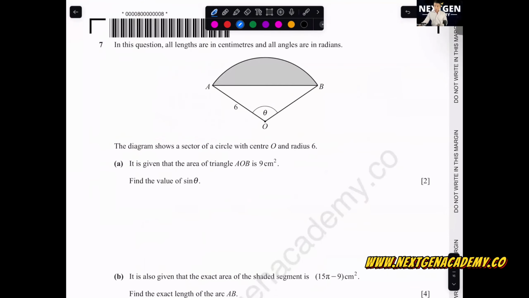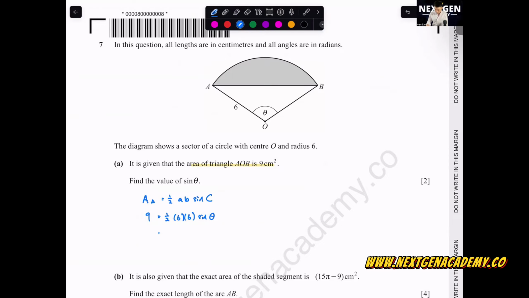Question number 7. In this question, all lengths are in centimeters and all angles are in radians. The diagram shows a sector of a circle with center O and radius x. It is given that the area of the triangle is 9 cm squared. Find the value of sine theta. The area of triangle means the formula 1 over 2 AB sine C. We substitute 9 equals 1 over 2, 6 times 6 sine theta.